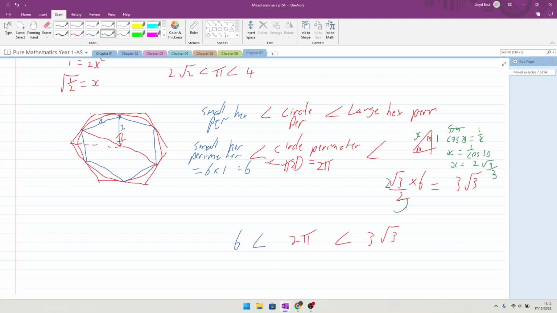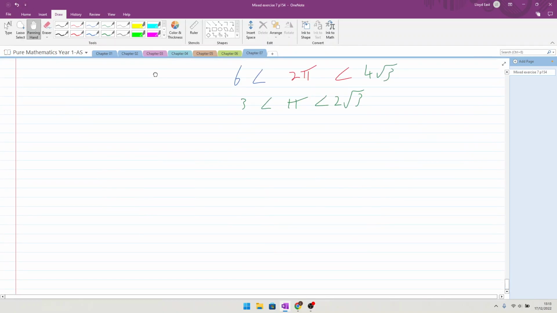So 2 root 3 over 3 times 6 is 4 root 3, which is less than 2 root 3, which is what it wanted for part B. Okay, sorry about messing that triangle up there. I should have drawn my hexagon better.